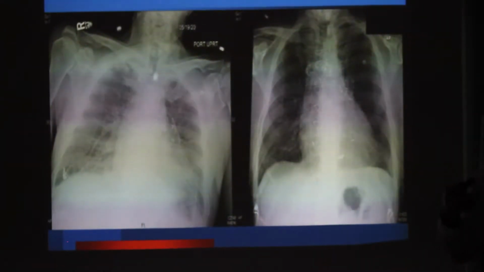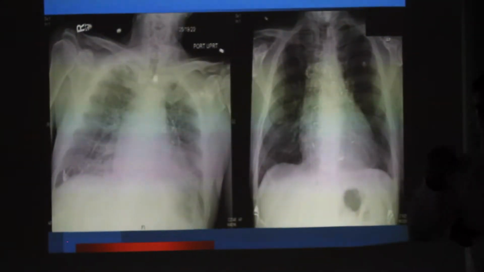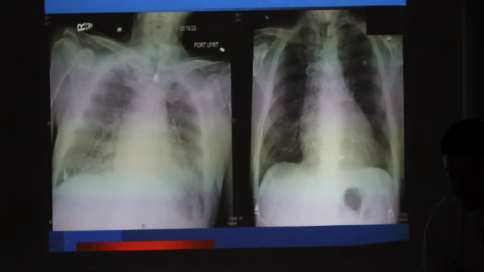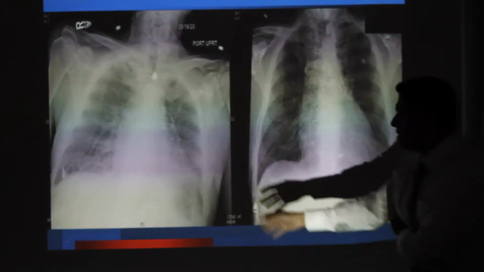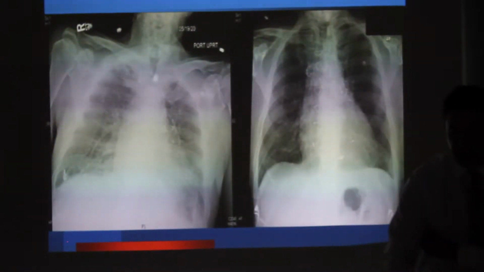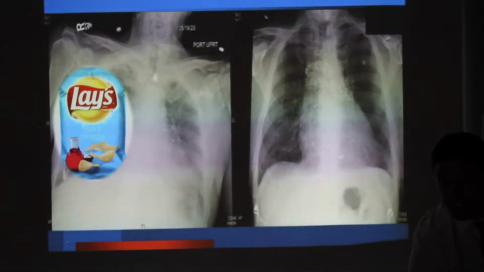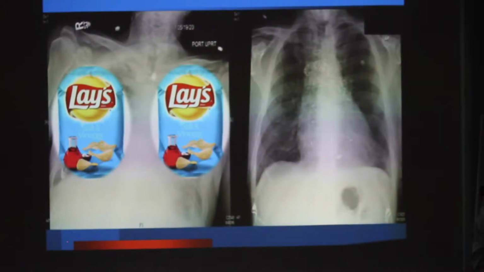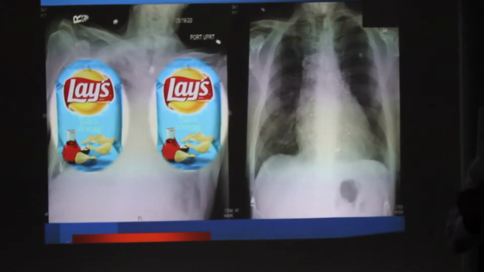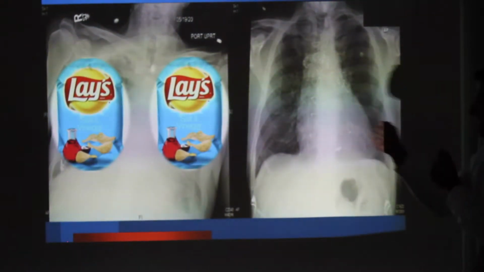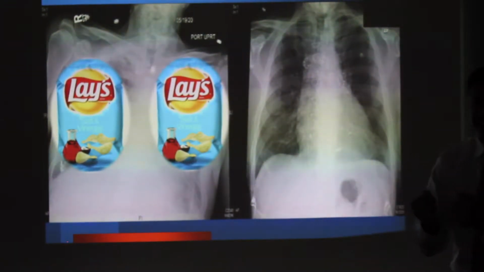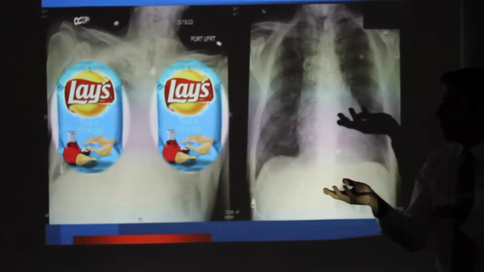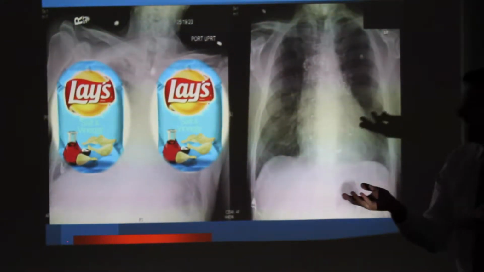Okay, this is a patient I just saw, actually the day before yesterday, on the 5th floor. They consulted me for this X-ray, and when I stepped into the room, he was eating two bags of chips. I grabbed the chips from his hands. His EF is probably 25% or so. The guy was looking at me.